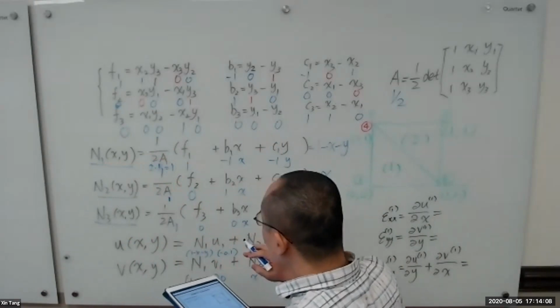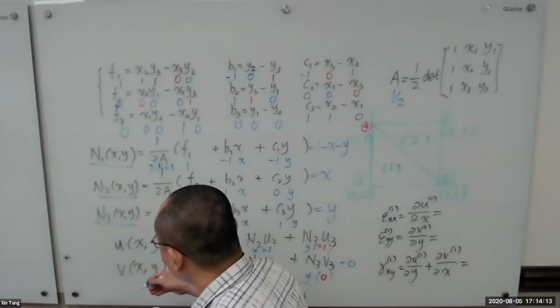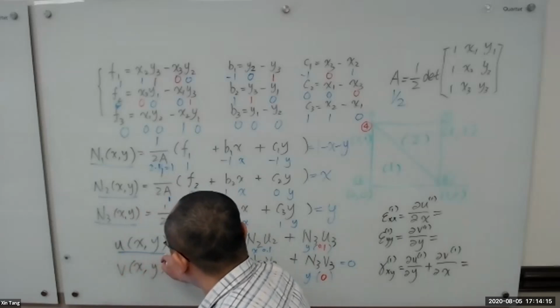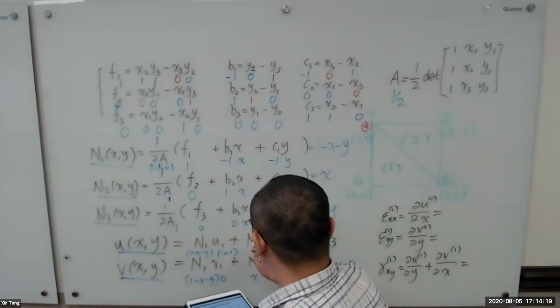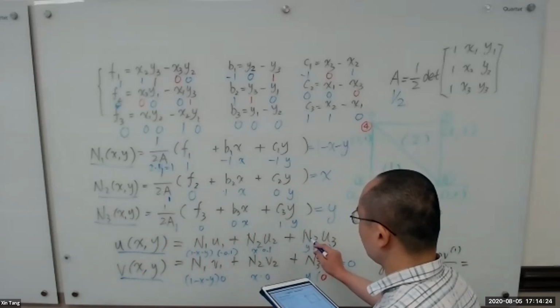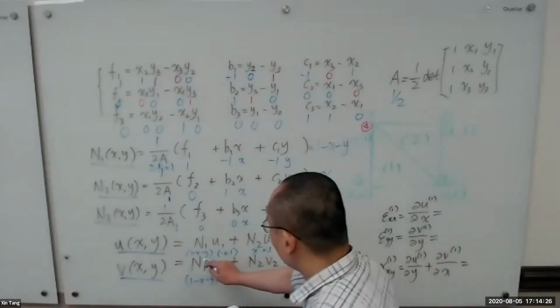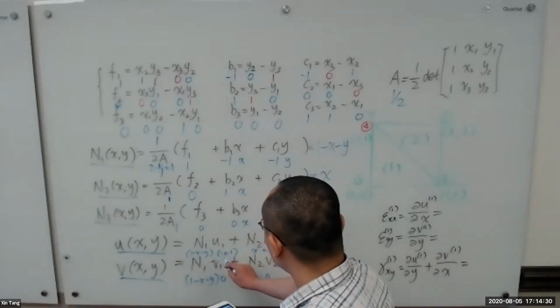Now, from here, you can find the continuous fitting functions, u and v. So u will be N1 U1 plus N2 U2 plus N3 U3. So N1 is 1 minus x minus y times U1.